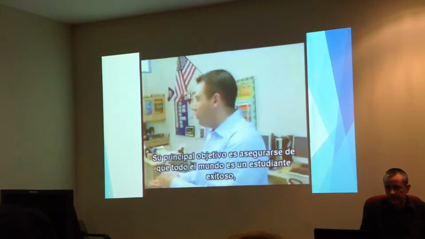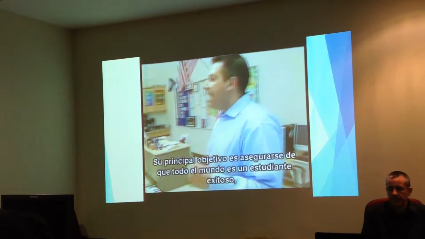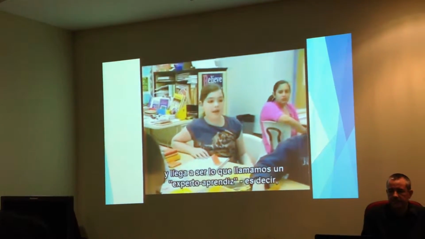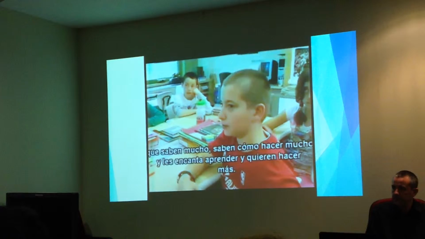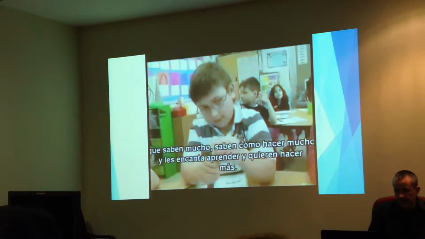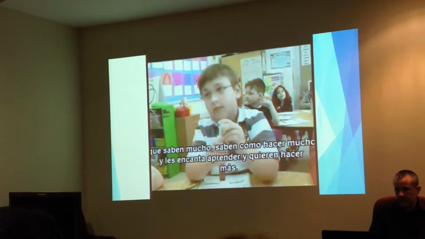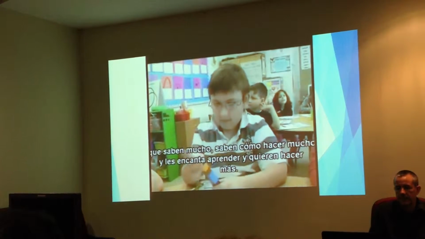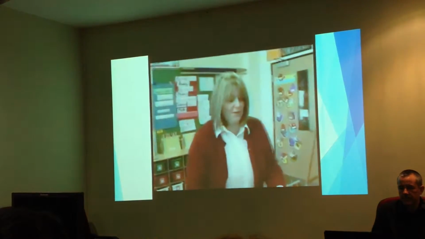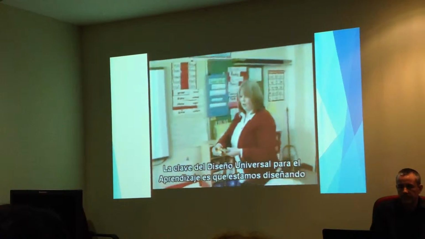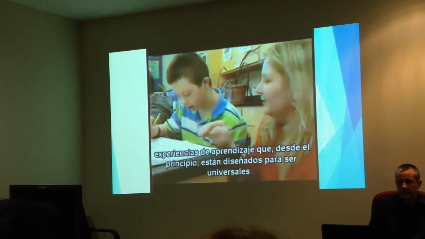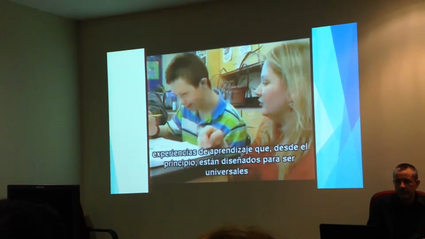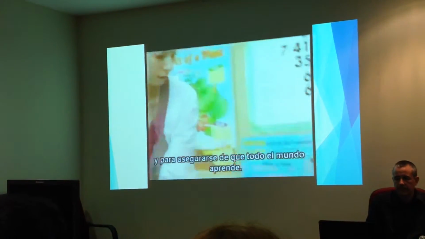Its main purpose is to make sure that everybody is a successful learner and reaches what we call being an expert learner. That is, they know a lot, they know how to do a lot, and they love learning and want to do it more. The key to universal design for learning is that we're designing learning experiences which from the beginning are designed to be universal and to make sure everybody learns.